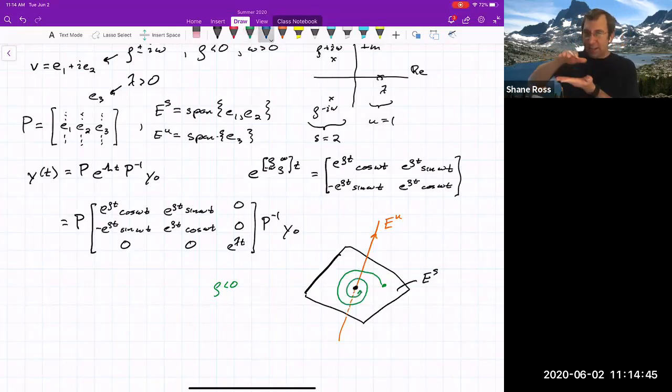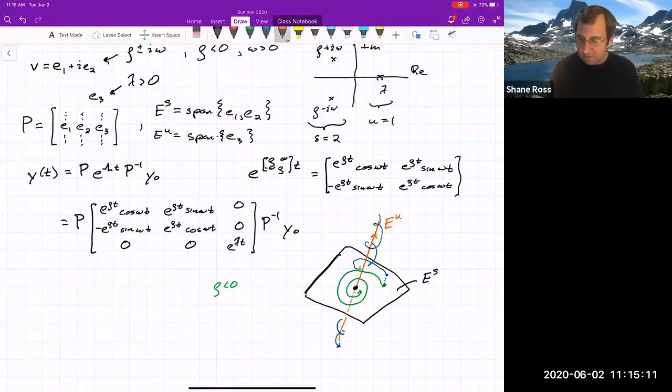That's only if we started exactly in the stable subspace. If we're a little bit above, what's going to be happening? There'll be some trajectory, and it's kind of hard to draw, but this thing is spiraling and going away along the unstable direction. And if we started slightly below, there'll be things spiraling and escaping along that direction.